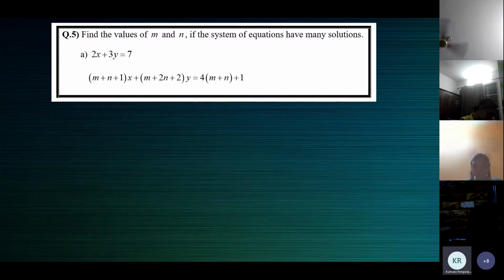Okay. So find the values of m and n if the system of equations have many solutions.